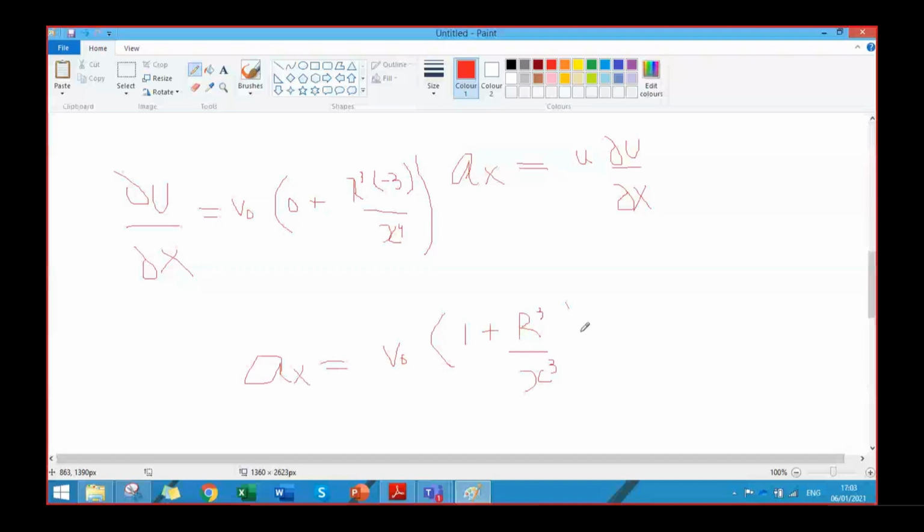So I will write it as v naught square into r cube by x4, and here we'll write minus 3. Clear? So this is the acceleration for this flow. Is it clear? Yes, sir, clear.